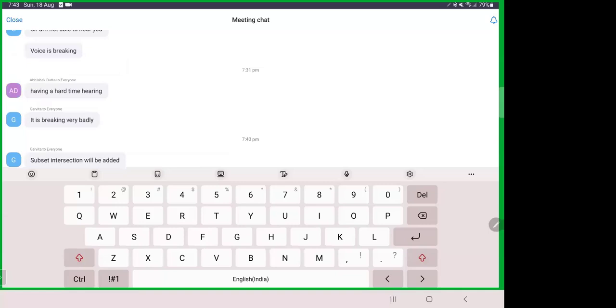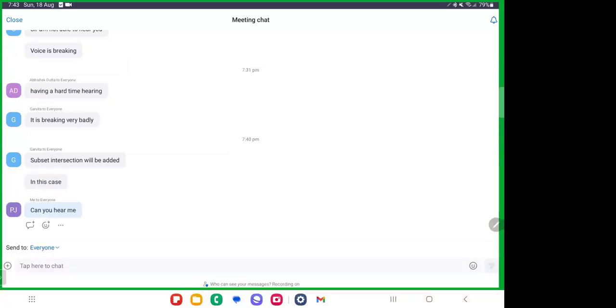So in my case, we have five sets of this form, such that S1 is contained in S2, contained in S3, contained in S4, contained in S5.